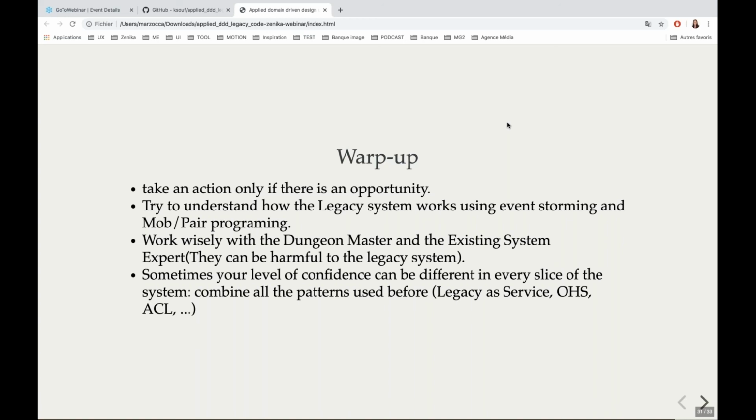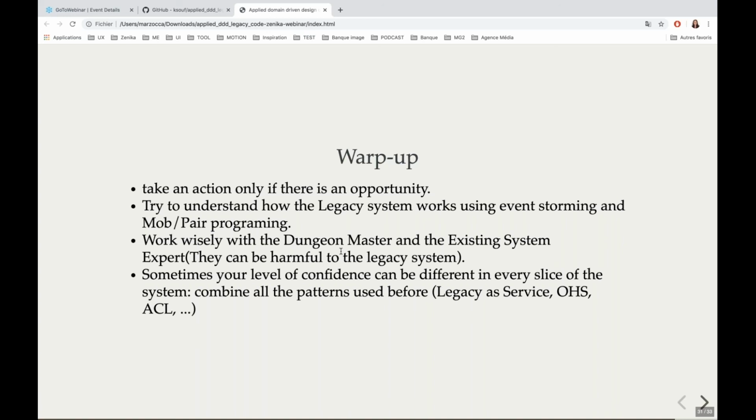All these techniques are used to share information in the most efficient way. Work wisely with the dungeon master and existing system expert, because they can be harmful to the legacy system. Beware, because they've been working for a long time on this system, and like I said, they can have really bad habits that are going to be harmful if you are trying to create new features or even fix bugs.